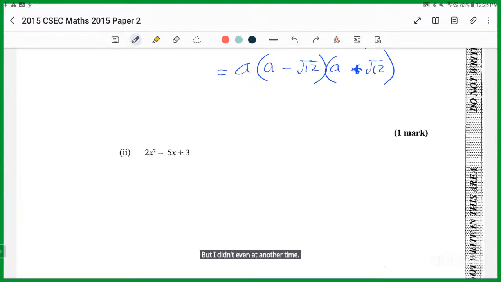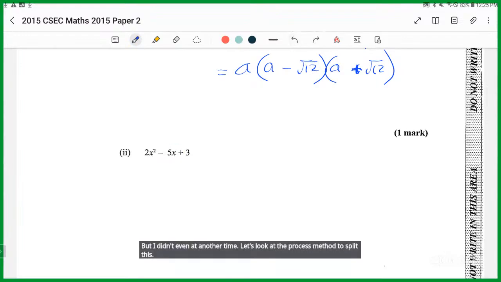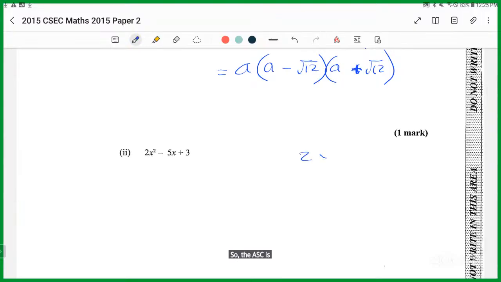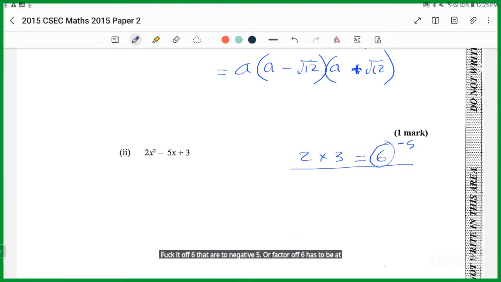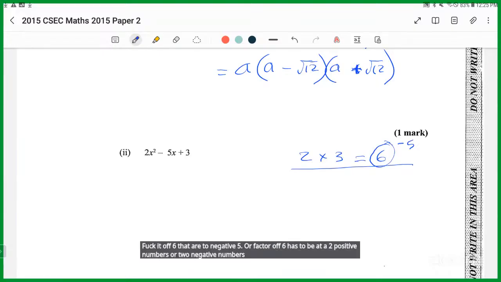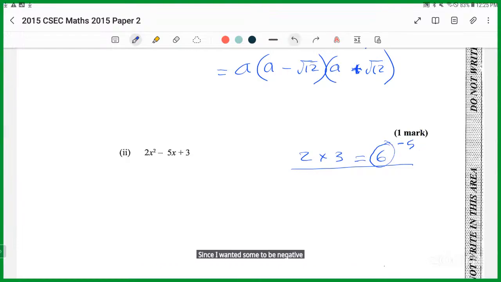Let's look at the process method to split this. So the AC is 2 times 3, which gives you 6. We need factors of 6 that add to the middle coefficient of -5. Factors of 6 have to be either 2 positive numbers or 2 negative numbers, because 6 is positive. Since we want the sum to be negative, we need 2 negative factors of 6.